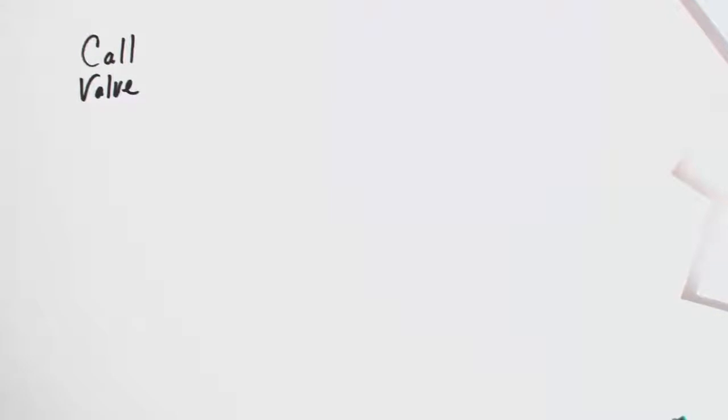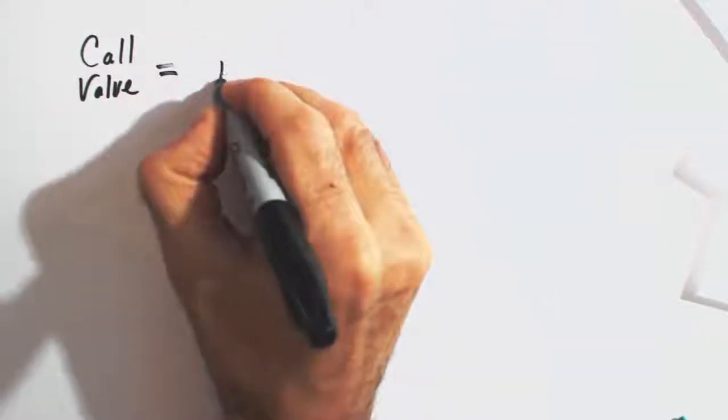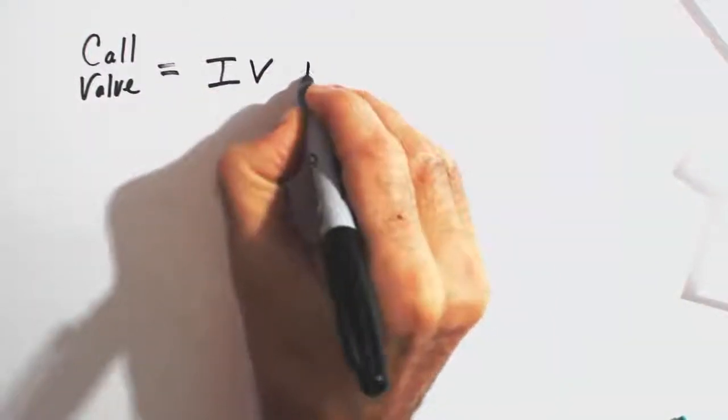But remember, value is slightly different than price conceptually. If markets are working efficiently, and we have efficient markets, we're basically assuming that the value and the price are the same thing. And so that's why we often use those two words interchangeably. So we're looking at a value of a call, and according to the text, there's two components.